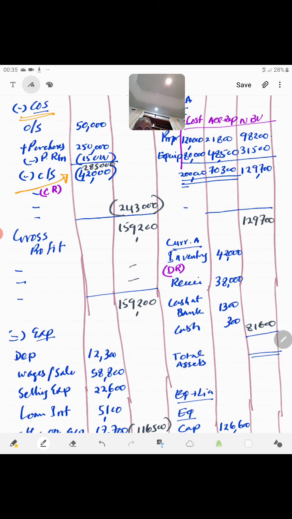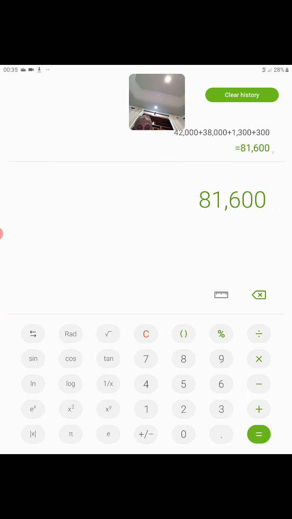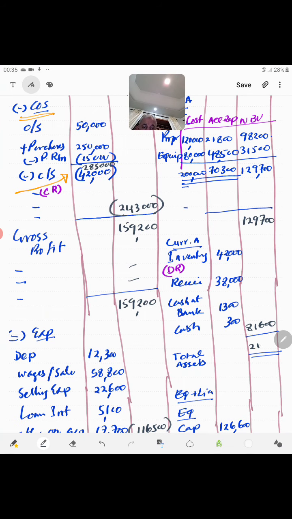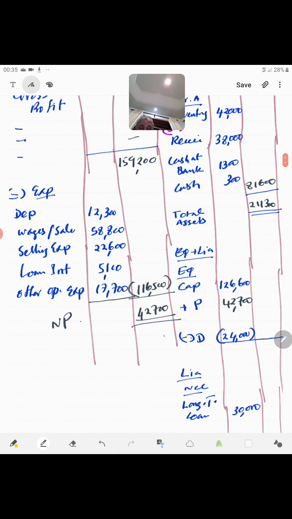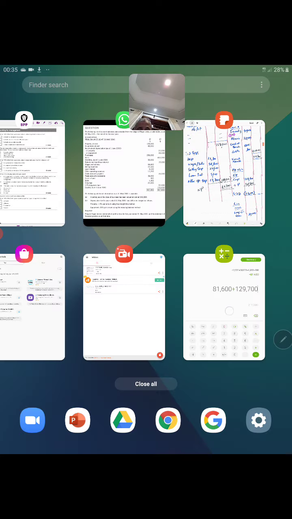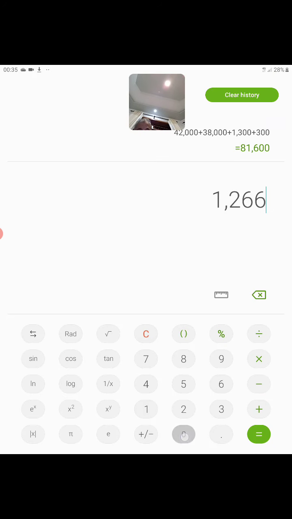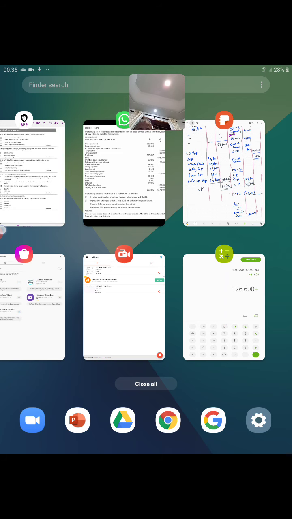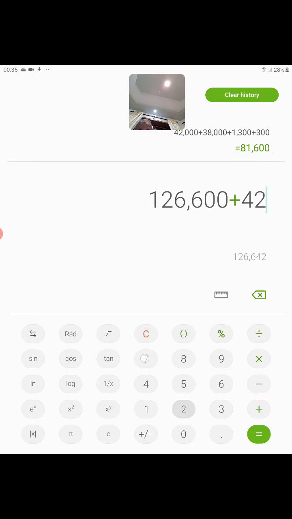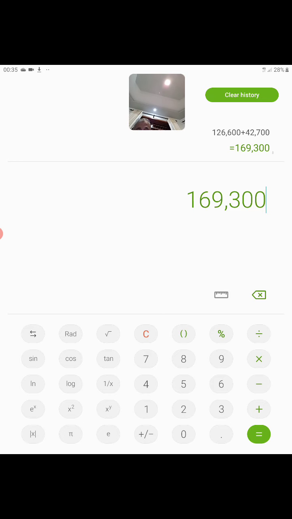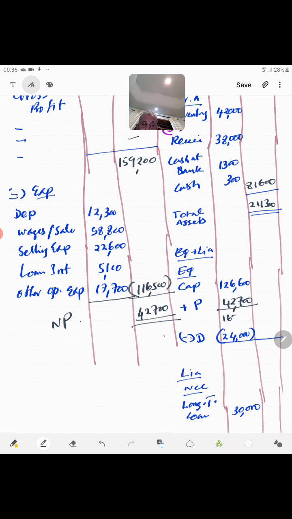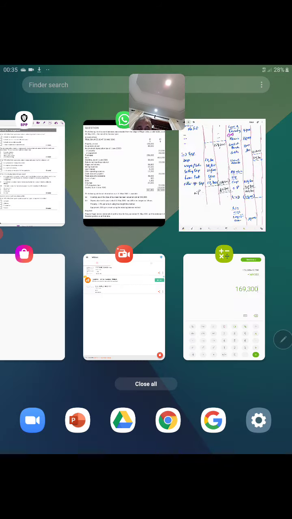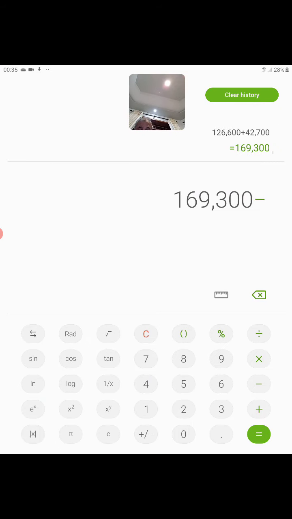So 129,700 plus 81,600 is 211,300. Here we take the total of 126,600 plus 42,700, 169,300, minus 24,000, 145,300.